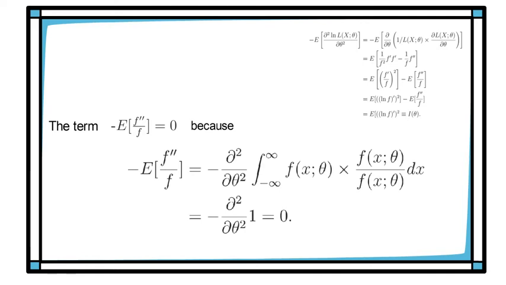The integral from minus infinity to infinity of f times the density f divided by f, and now we integrate with dx. So you see there's some cancelling going on, so the f in the numerator and the denominator cancel off. You end up with the integral of f dx, which is just 1, and the second derivative of 1 is just 0.